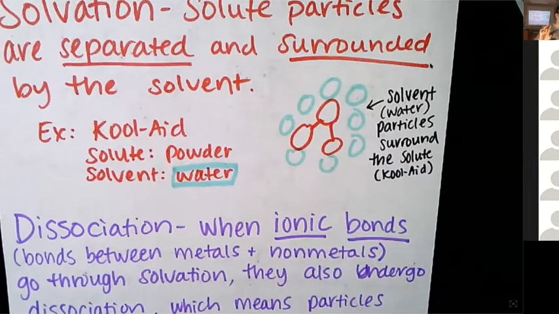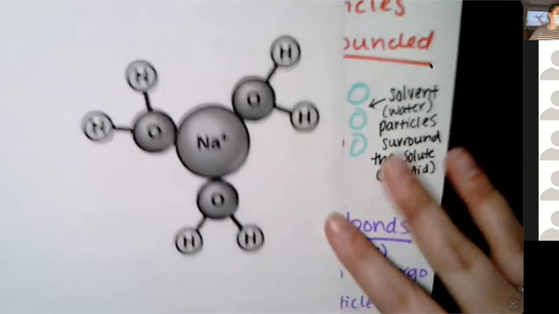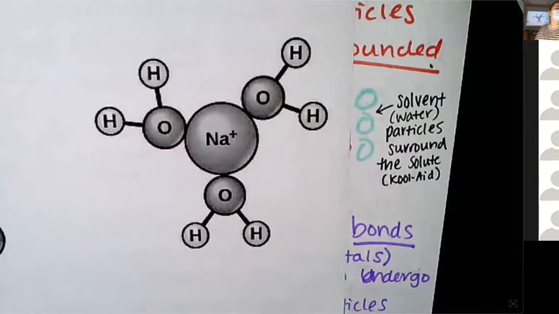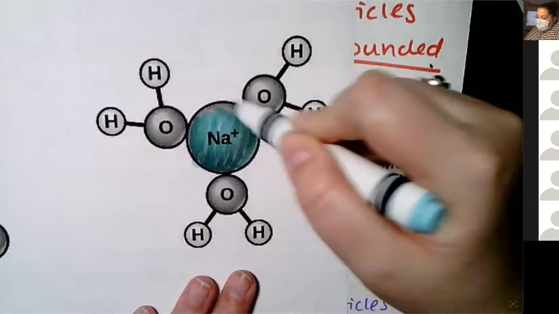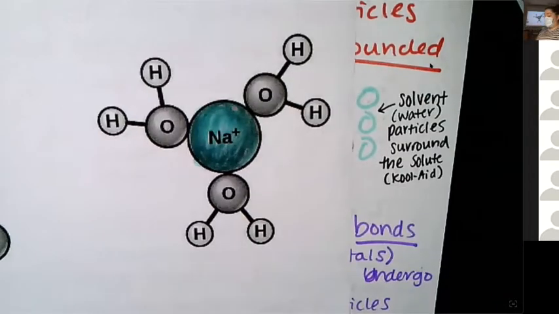Let me show you. So this guy right here, and I'm going to use a color, this guy right here is Na. That is sodium, okay? The one in the middle.